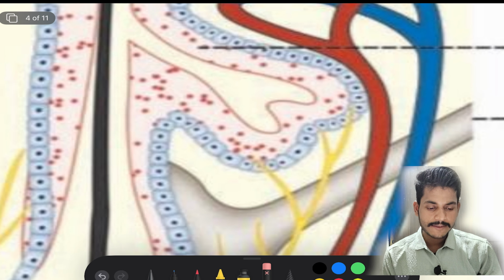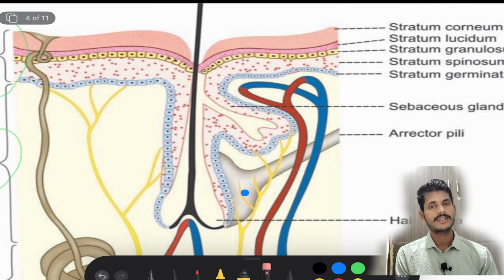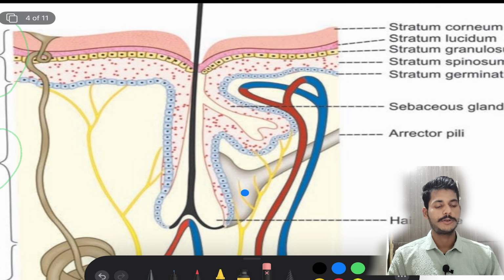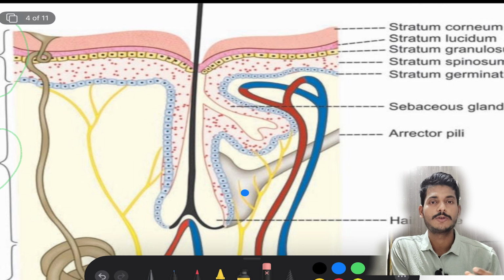So now, what is their function? Why are they present here? They are present because they are a part of normal flora. And they utilize the fats present in the sebum for their nutrition.